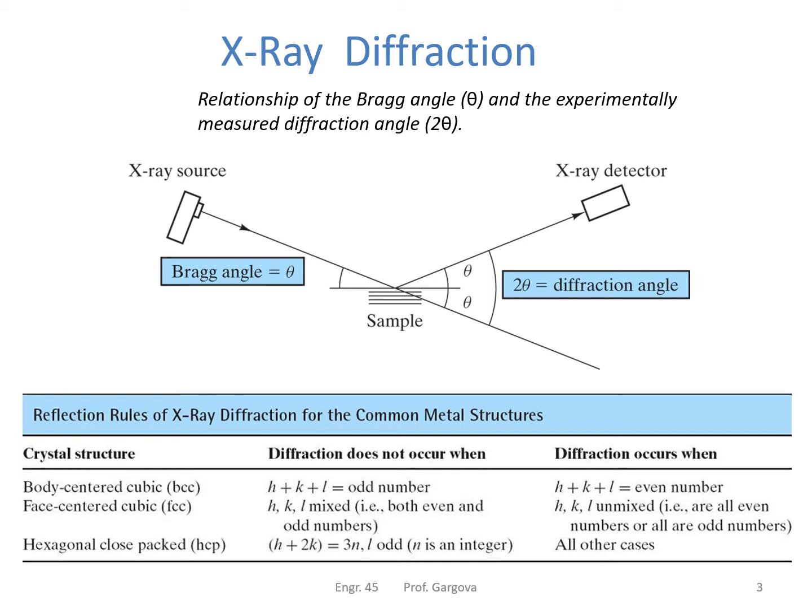And the same thing for unmixed, where if you get either a 1-1-1 plane or a 2-0-0, you would get diffraction to occur. And then HCP, or hexagonal close pack, would require that H plus 2K equal 3N, and that L be an odd number. All other cases would give diffraction.